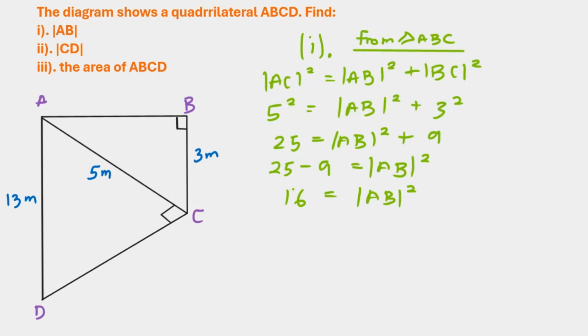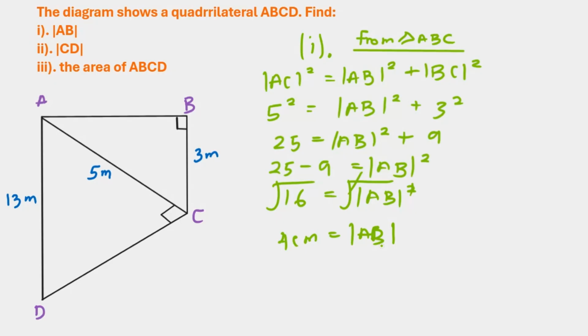So we have to find the root of both sides so that we can do away with the square. So this guy will cancel this one. And the root of 16 is going to be 4. 16 is a perfect square. So 4 times 4 will give you 16. So that means 4 centimeters is equal to the line AB. So that is how we can find AB. Let's move on to the next one.